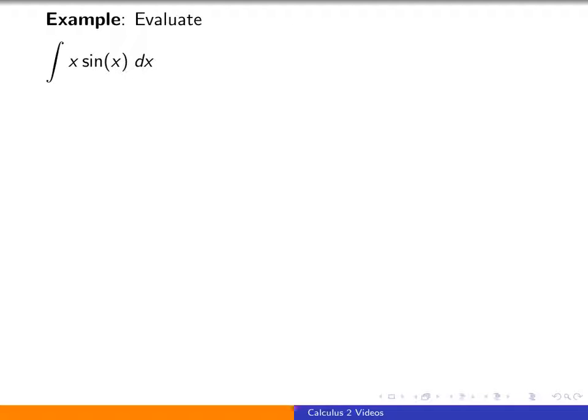We'll let u be x and dv be sine x dx. So we need to be able to anti-differentiate sine to get our v, so minus cosine, and differentiate x to get our du. So du is the simpler dx.